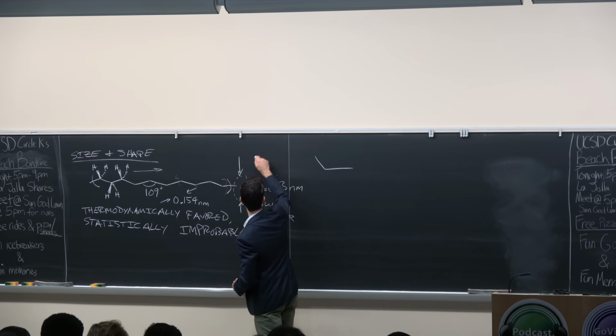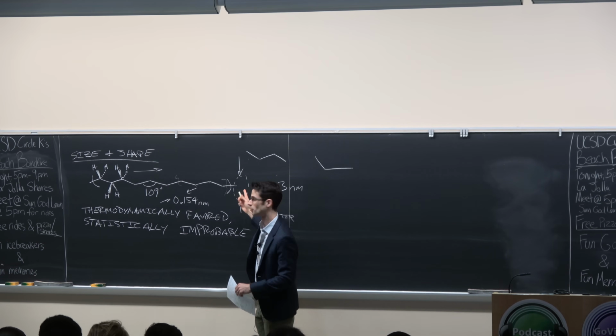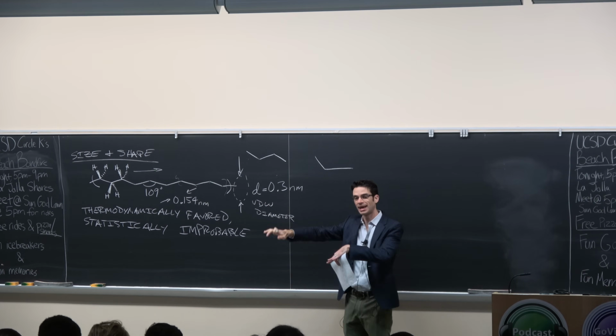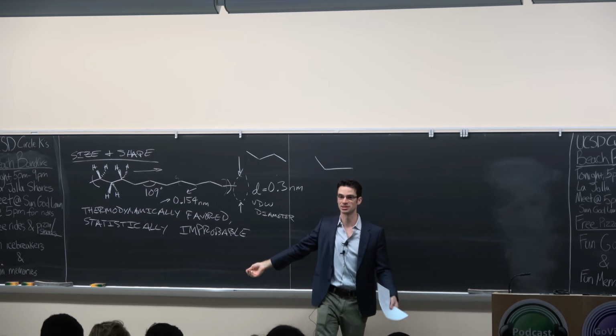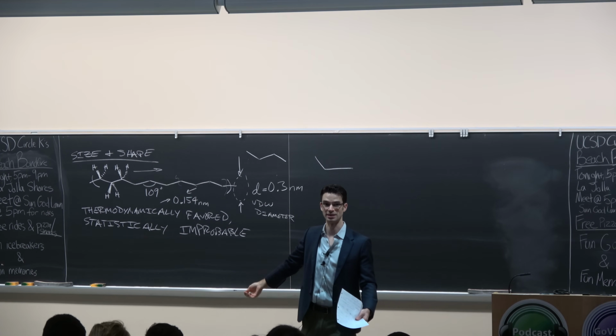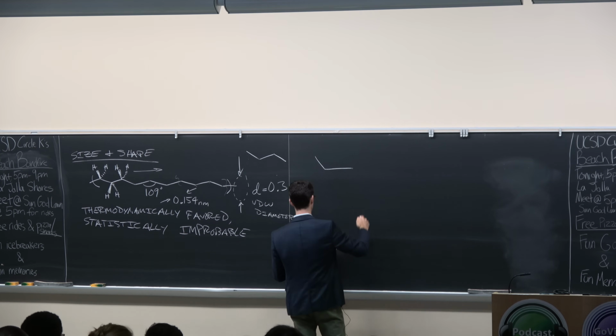So this is butane. What we're going to do is draw butane as we rotate this bond around, and we're going to see what interactions form with the other atoms that are hanging off of the polymer chain.